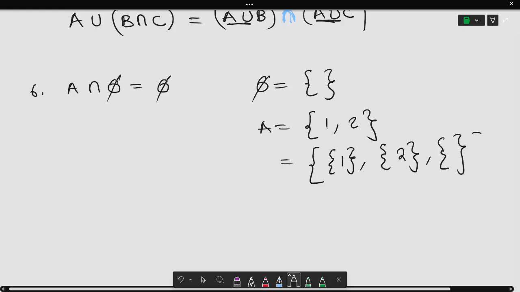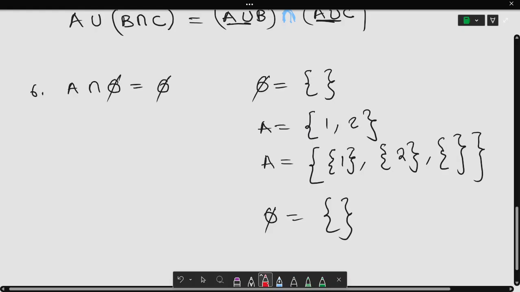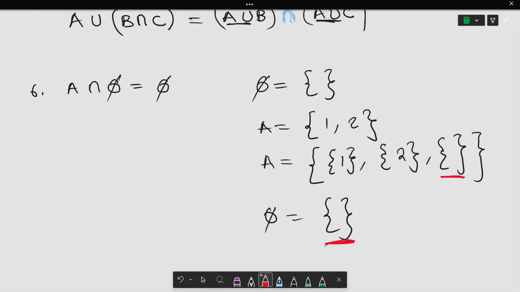One of the properties about sets is that any set has an empty set inside it. So if you write A like this and you write your empty set like this, where an empty set is just empty, you will realize that the only common thing between A and the empty set is the emptiness.